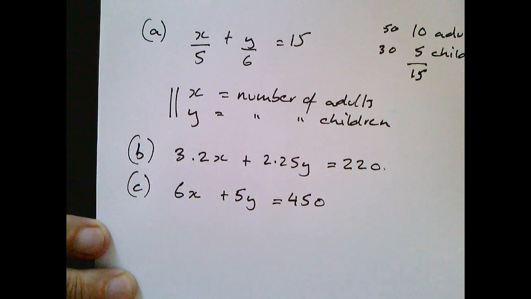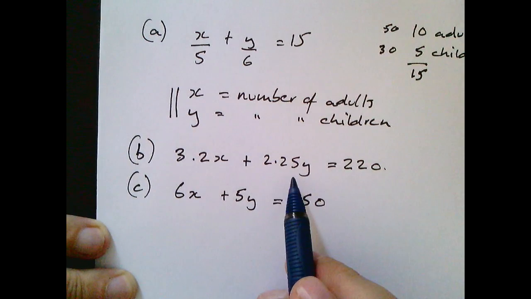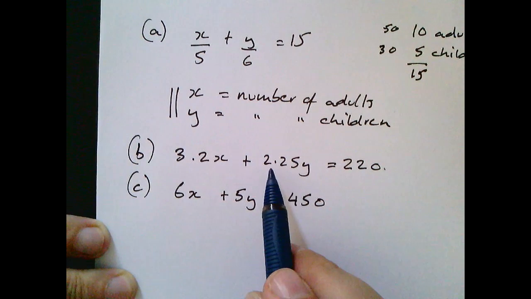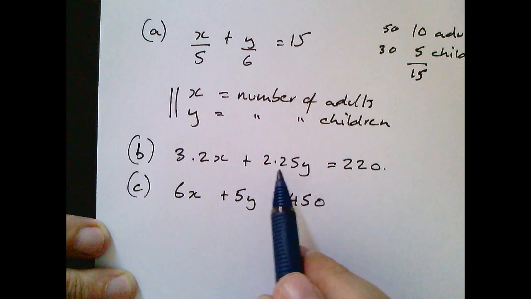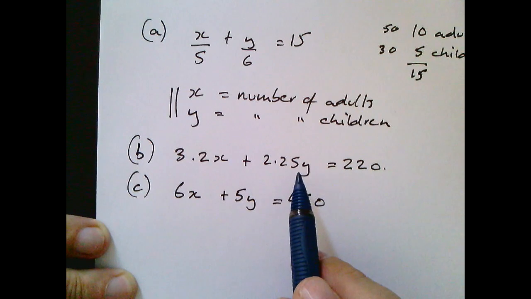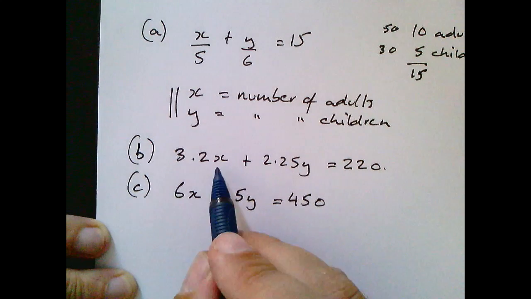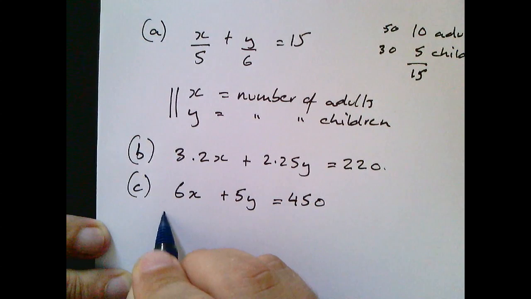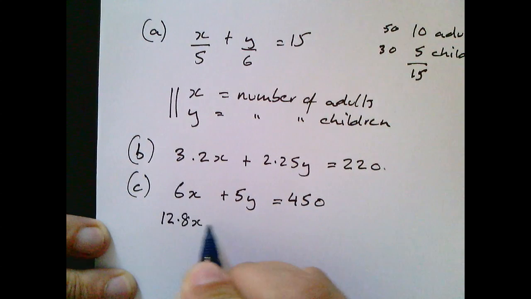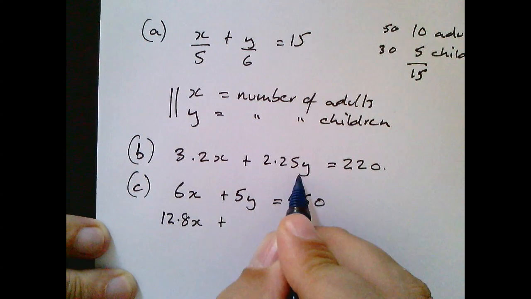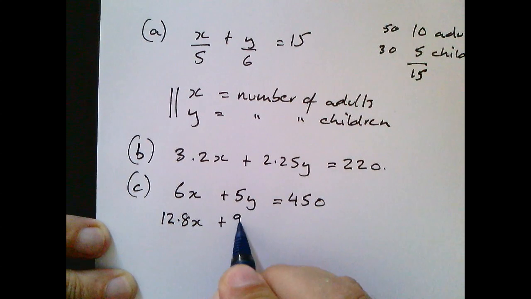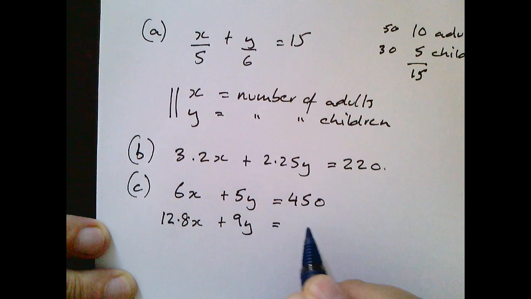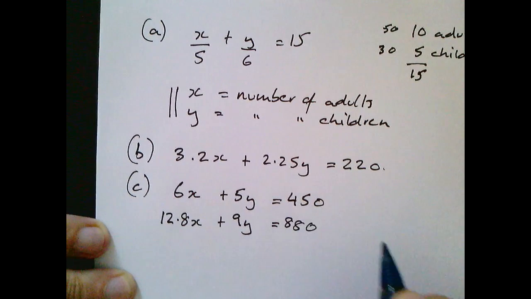And I'm going to get rid of the decimals by multiplying the second equation by 4: 12.8x plus 9y is 880.